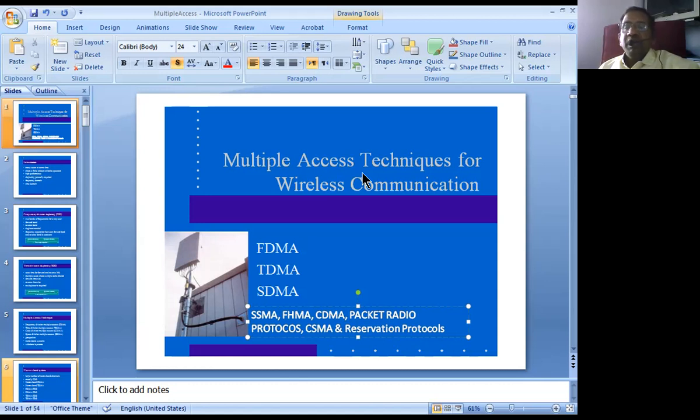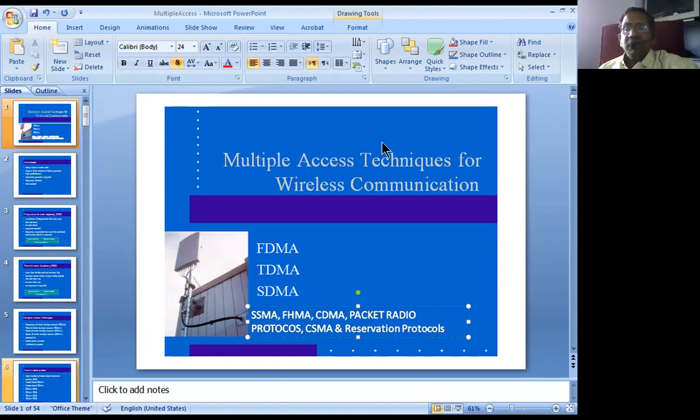Say, for example, if two mobile users are talking simultaneously, whatever signal is being transmitted and received from the mobile user is processed by the base station. A base station gives service to n number of mobile units, so it uses a limited or single channel to transmit signals to these multiple users.